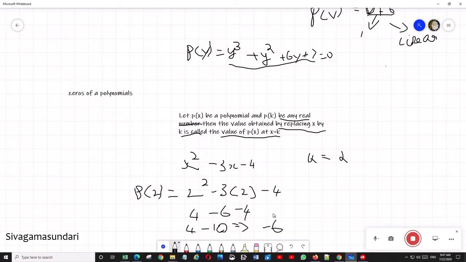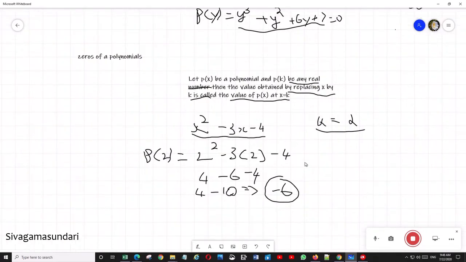So the value obtained by replacing x in the polynomial x square minus 3x minus 4 by k is known as the value of p of x at x is equal to k.